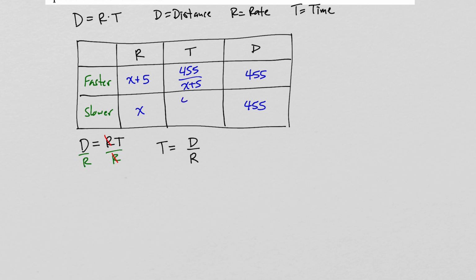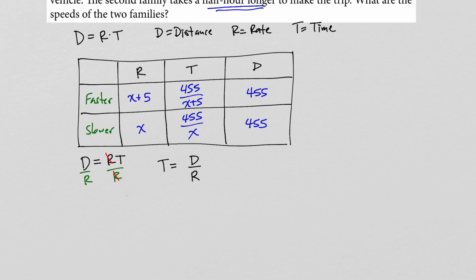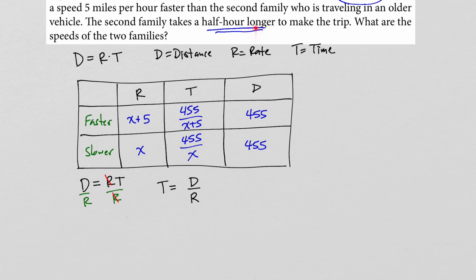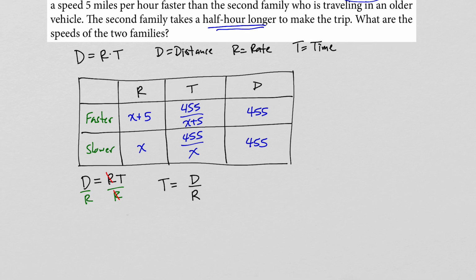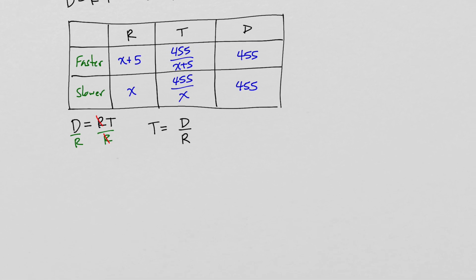And likewise, the time for the slower family is going to be 455 divided by x, right? Same concept. And now what we're going to do is express that one of these times is a half an hour longer than the other time. Well, the slower family takes longer, okay? So the slower family is going to be equal to the time for the faster family plus 1/2.